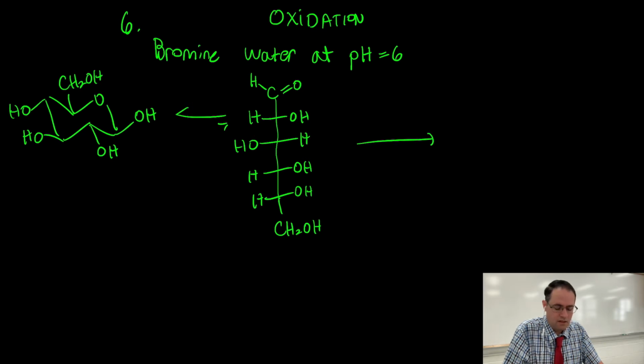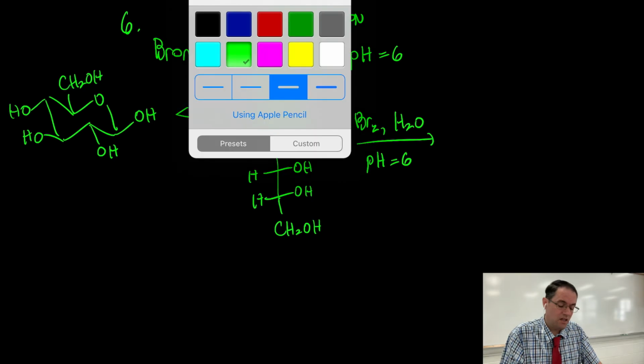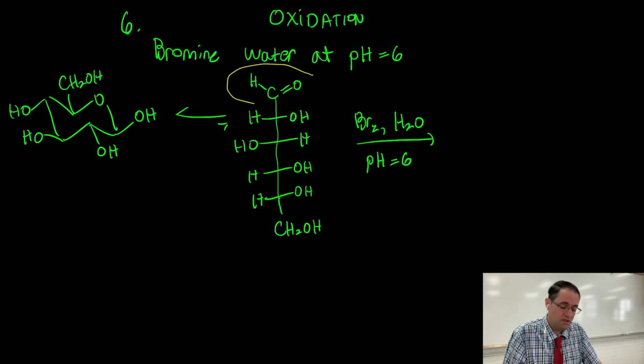And how will this appear in an arrow? It's going to look like this: Br2, H2O, pH equal to 6. And the key functional group here is this aldehyde. You're going to oxidize this aldehyde to a carboxylic acid. It is not going to oxidize any secondary alcohols or primary alcohols in the rest of your sugar.